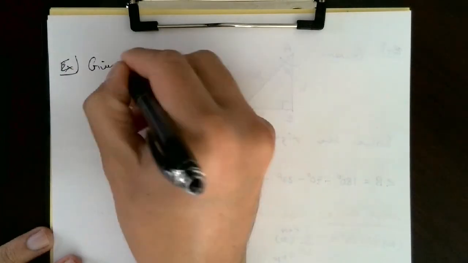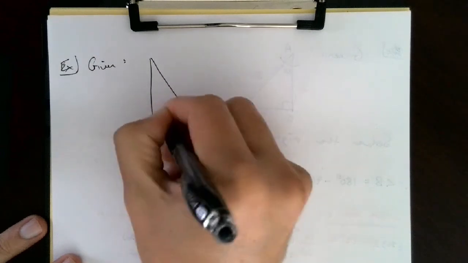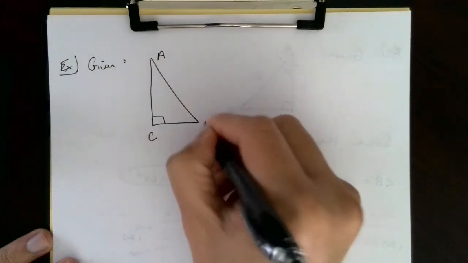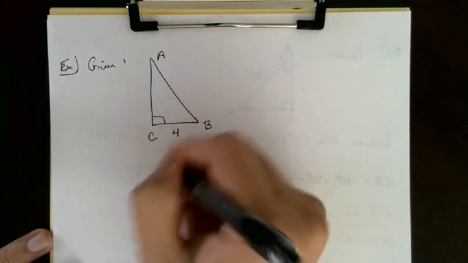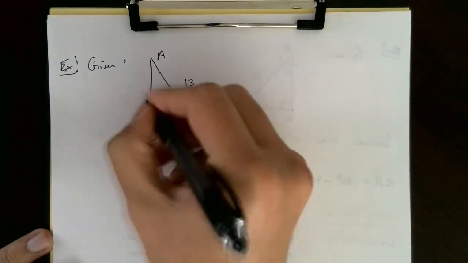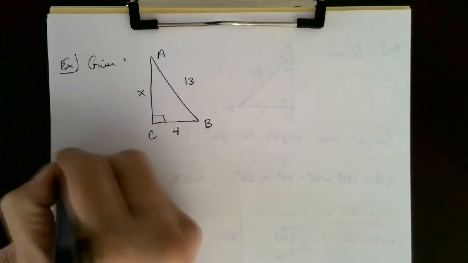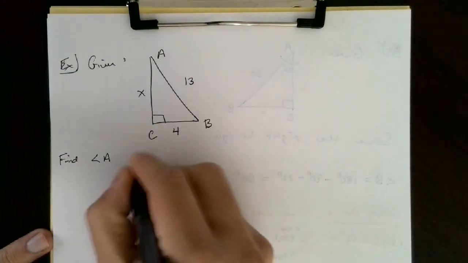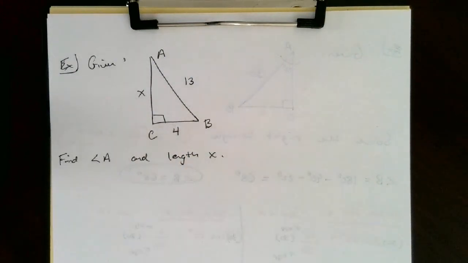If I said, given this right triangle here, now I'll call this C, I'll call this A, I'll call this B, and I'm going to tell you that this side here is 4, this side is 13. I'm going to label this one X. And I say find angle A and length or side X.